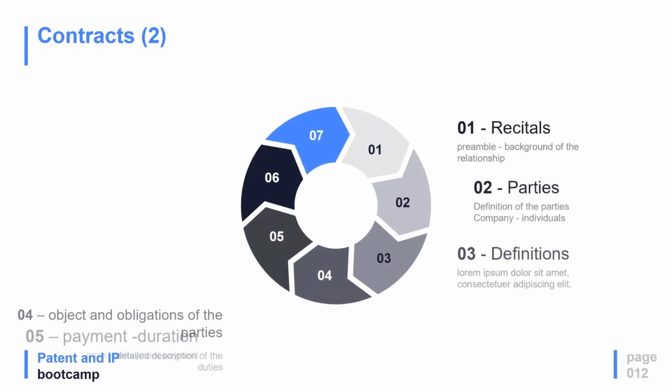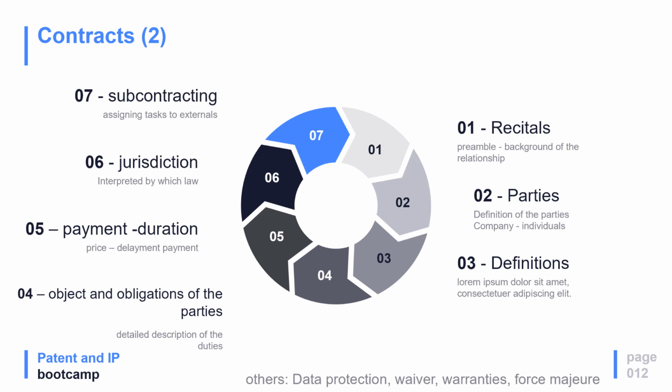So what is typically included in a contract? Normally, for example, you start with a preamble. So that's the background of the relationship. Then you define the parties. You have some definitions in there. Then it is made clear what the object and the obligations of the parties are.